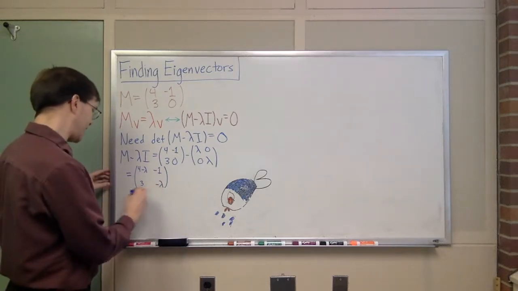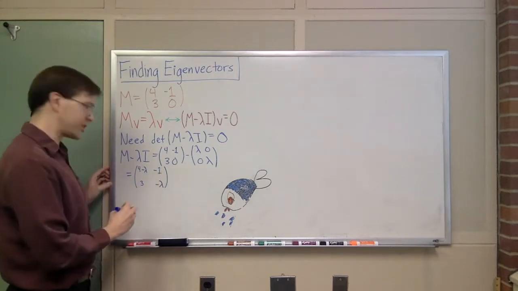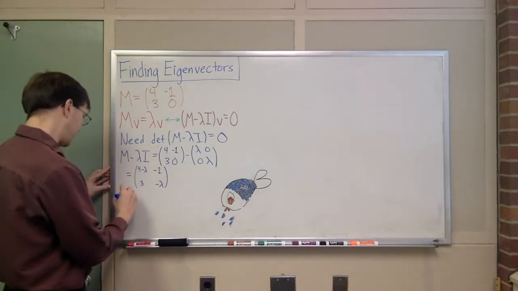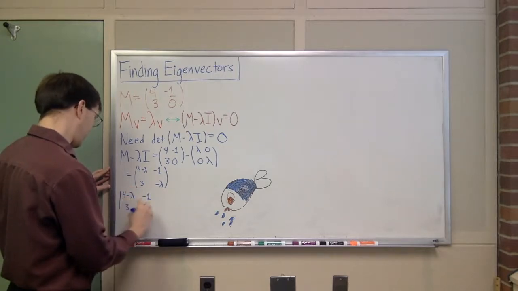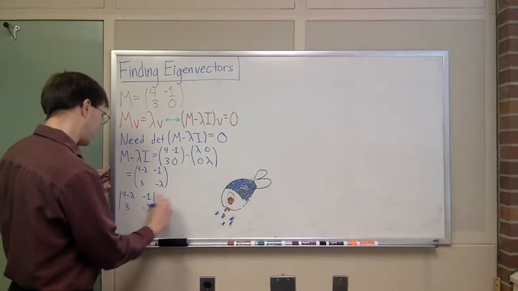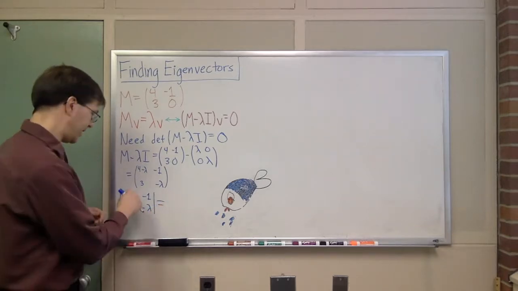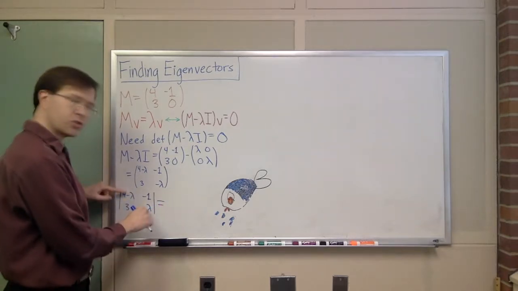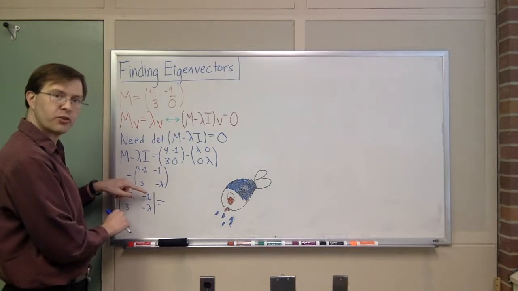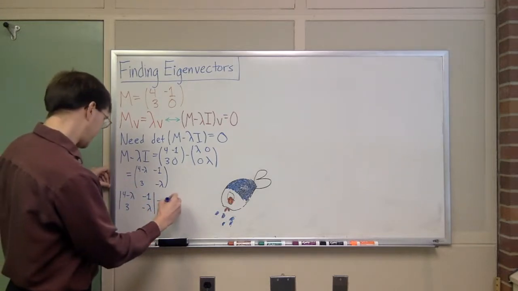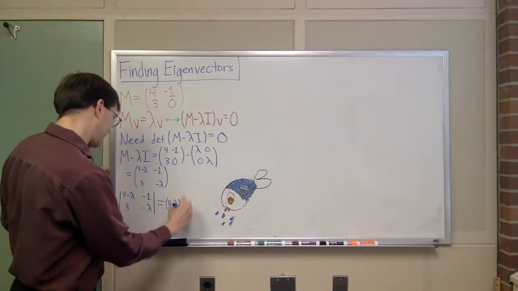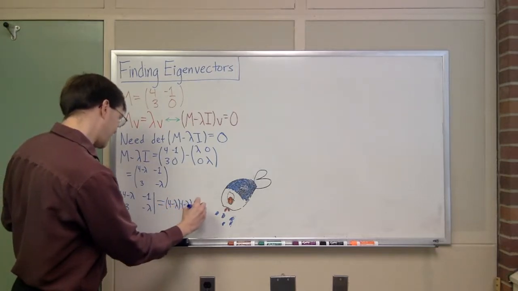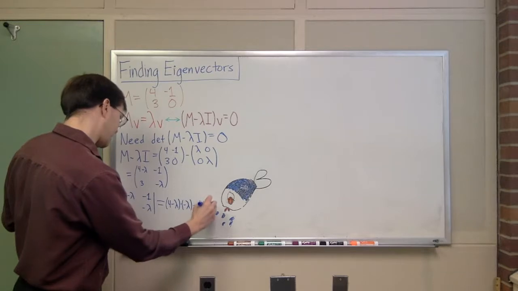And I need to say that the determinant of this is equal to 0. Now the determinant, for a 2 by 2 matrix, is these two multiplied together minus those two multiplied together. So it's going to be (4 minus lambda) times (minus lambda) minus (-1) times 3.